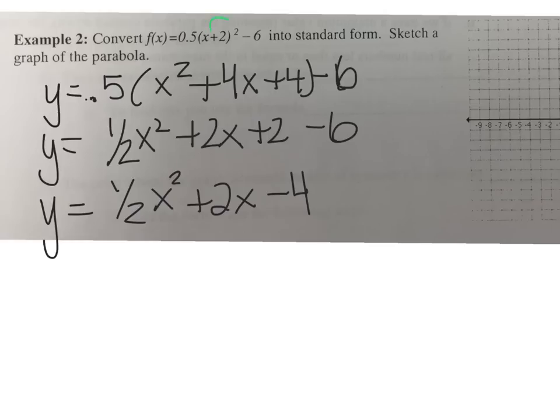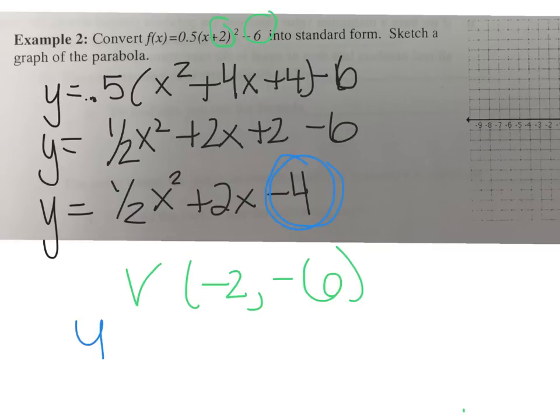First thing we know, we can use the top form up here, and we know that our vertex really is -2, -6. We also know something very awesome about this value right here. That is our y-intercept. So I can do y-intercept, and it's going to be 0, -4.